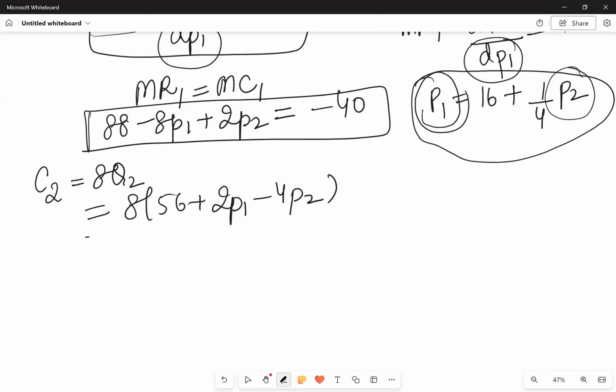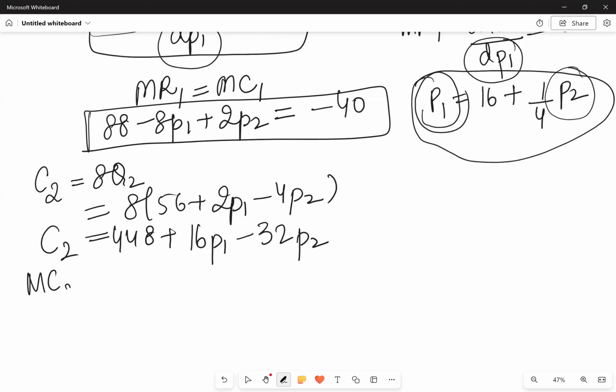So this will be equal to 448 plus 16P1 minus 32P2. This will be your total cost. If we find the marginal cost for firm 2 with respect to P2, so dC2 by dP2, this will be equal to minus 32.